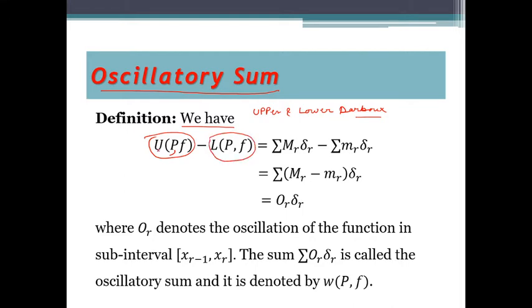So the difference U(P,f) minus L(P,f) will be the summation of capital M_r, where capital M_r is the maximum value of function f in the rth subinterval. The rth subinterval means [x_(r-1), x_r].